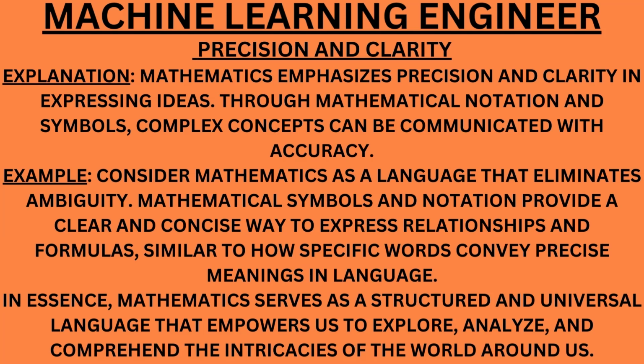Mathematical symbols and notation provide a clear and concise way to express relationships and formulas, similar to how specific words convey precise meanings in language. In essence, mathematics serves as a structured and universal language that empowers us to explore, analyze, and comprehend the intricacies of the world around us.